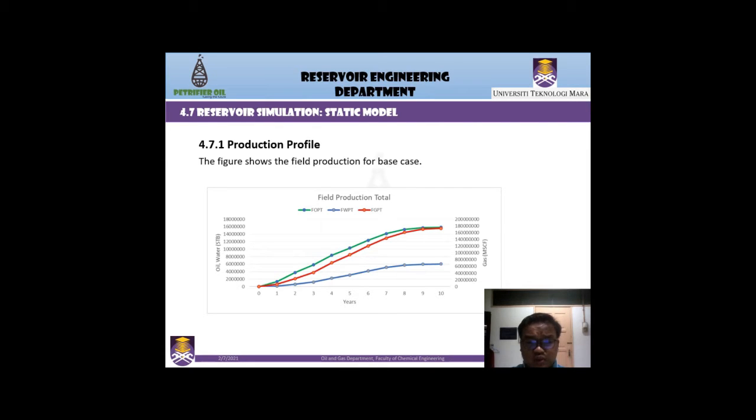The total production of oil, gas and water is 15.8 million barrels for oil, 173 billion scuff for gas, and 6 million stock tank barrels for water, respectively.